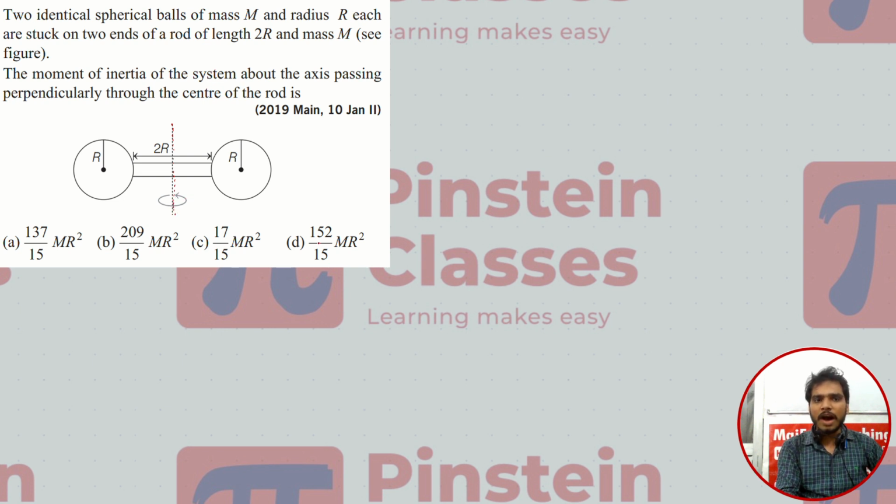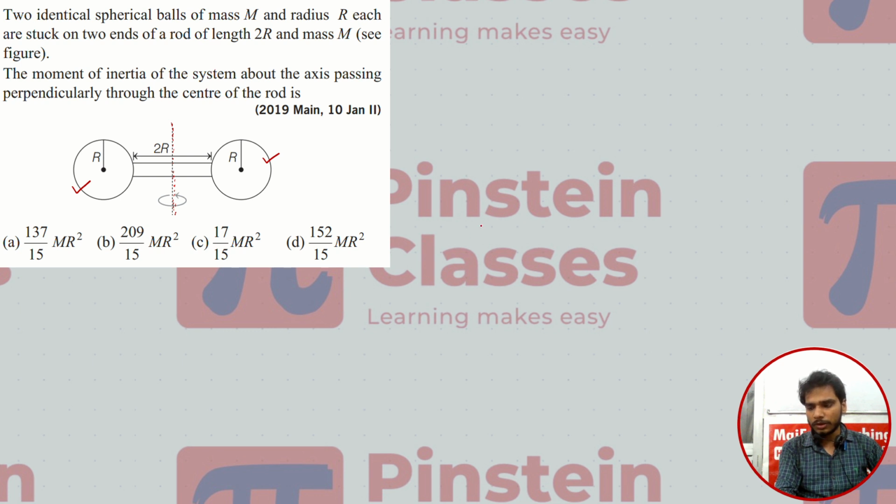So how are we going to do it? First, we know the moment of inertia of the sphere. We will use the parallel axis theorem to transfer the moment of inertia of both the spheres about this axis, and we know the moment of inertia of this rod, and then we are going to add all of this. So we will get the answer. Let us see how we are doing.